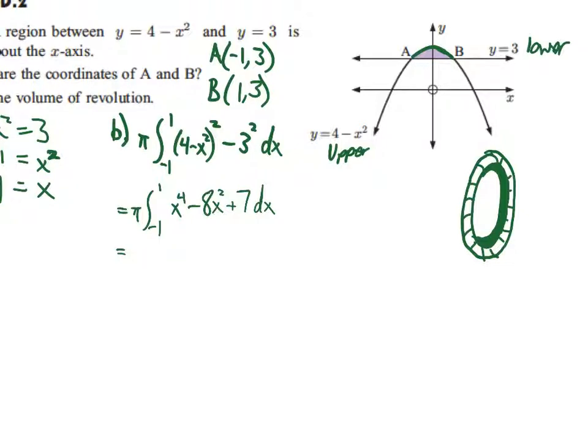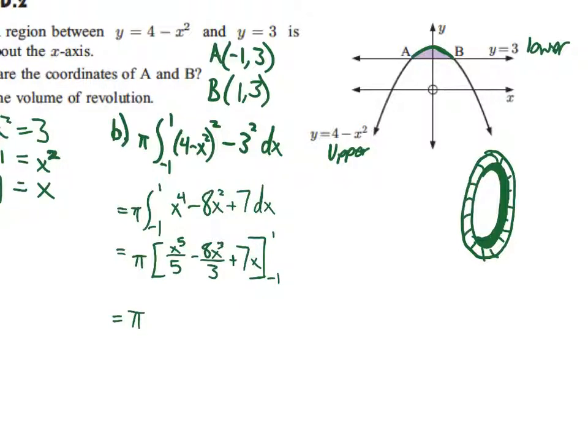So that's pi times x to the 5th over 5 minus 8x cubed over 3 plus 7x, evaluated from -1 to 1.